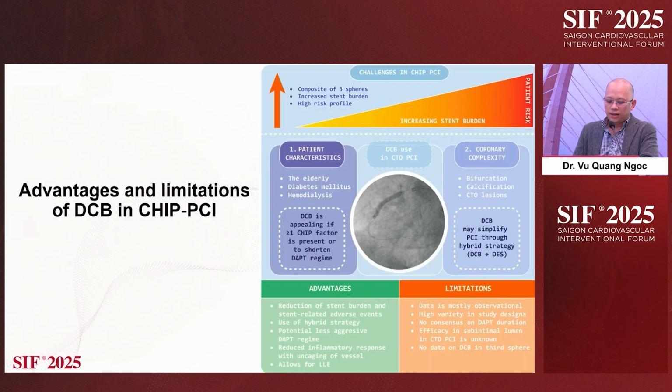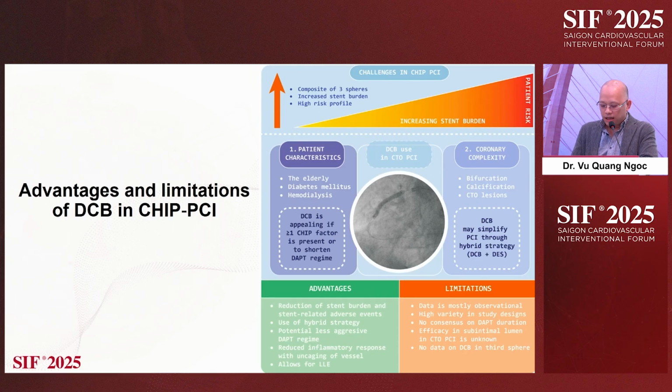What are the advantages and the limitations of DCB in CHIP PCI? The advantages are that we reduce the number of stents used, so the stent burden decreases and stent-related adverse events will significantly reduce.